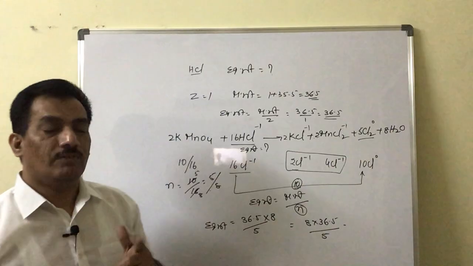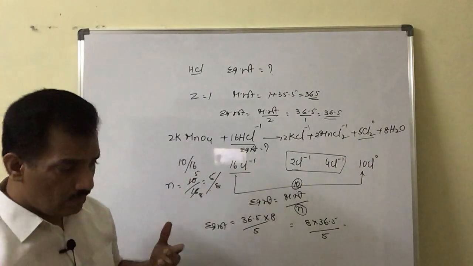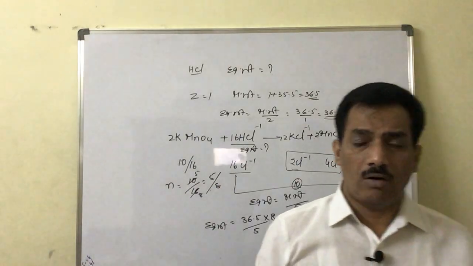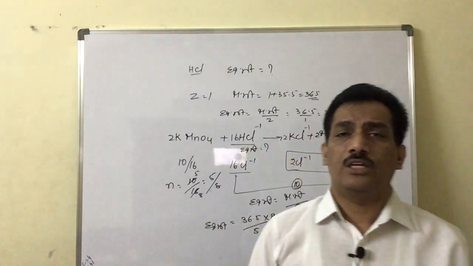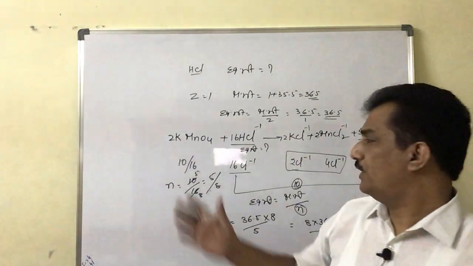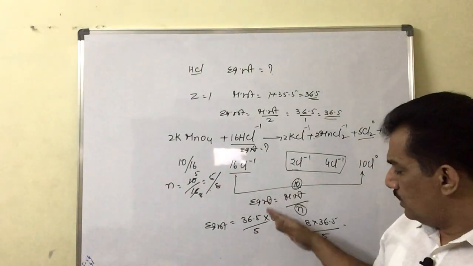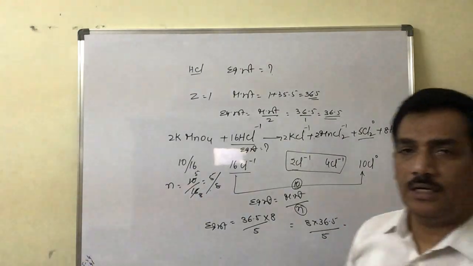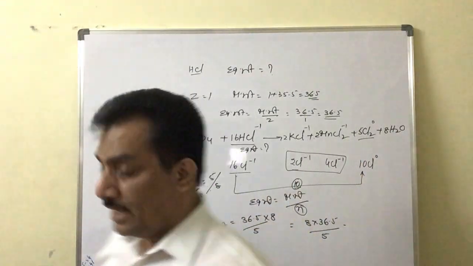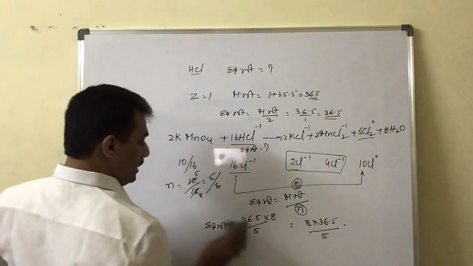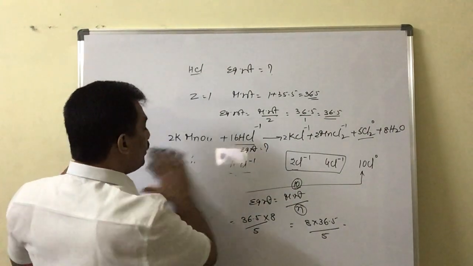Here, when the reaction is given, that's why from the beginning itself I am always asking you to remember that the Z factor is used when the compound is given and the N factor is used when the reaction is given. So in this manner you have to calculate the N factor and thereafter the equivalent weight. And now let me give you one more exploring example.